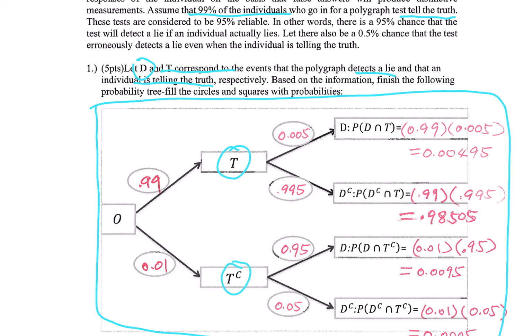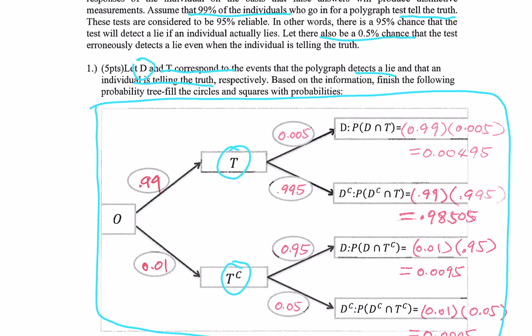Now, if the person tells the truth, could the lie detector detect the truth immediately? Most of the time, yes, that's exactly what the lie detector is about, right? But somehow the lie detector could make a mistake. That's exactly what we mean by this guy: a 0.5% chance the test erroneously detects a lie even though the individual is telling the truth.